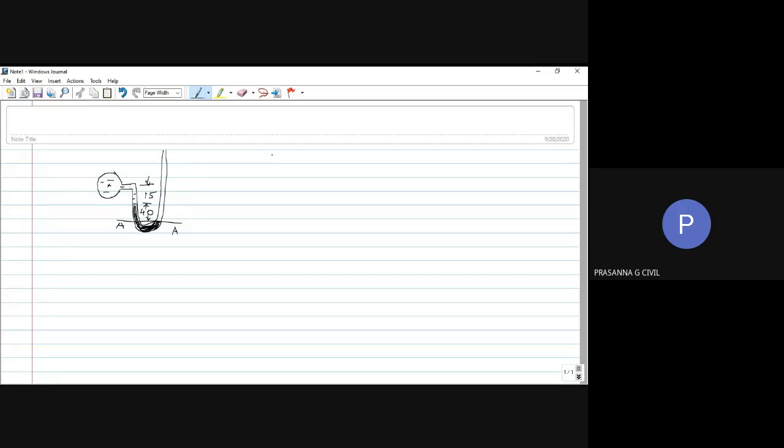Harshita, give me what all data are given with respect to the question. Suppose I write S1 for the fluid. What is S1 given in the question? 0.8, ma'am.